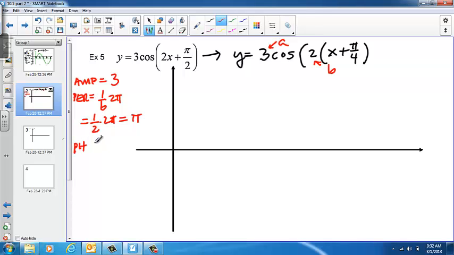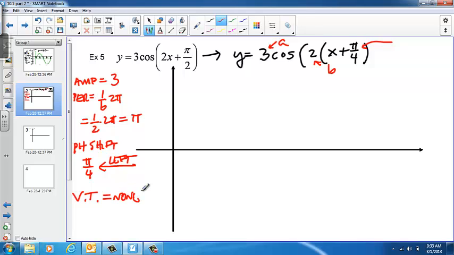Phase shift is affected by this π/4. It looks like we're going to move π/4 units to the left. And then a vertical translation. There is none.